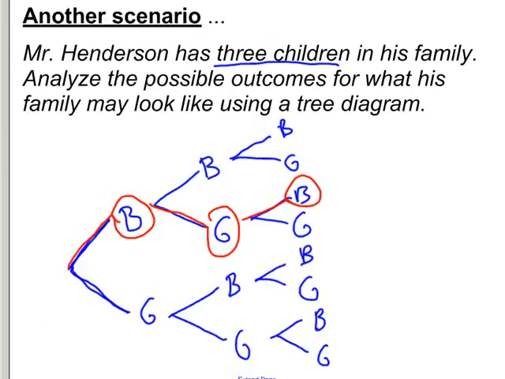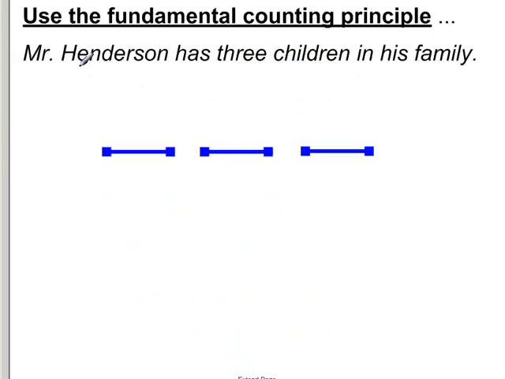Now that's tree diagramming. But remember, there's this thing called the fundamental counting principle that says, if I just want to know how many ways that could happen, there's a faster way. Child number 1. There are 2 outcomes there, boy or girl. So remember, we're writing how many outcomes. Child number 2. There's 2 outcomes, boy or a girl. Child number 3 comes along. There are 2 outcomes, boy or a girl.